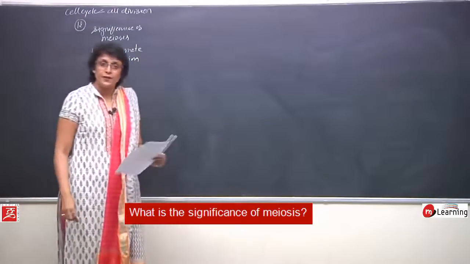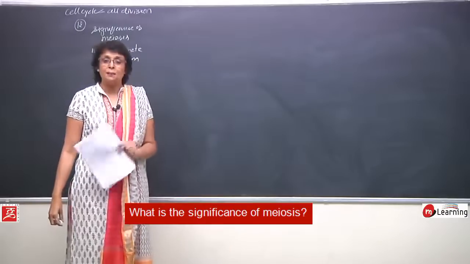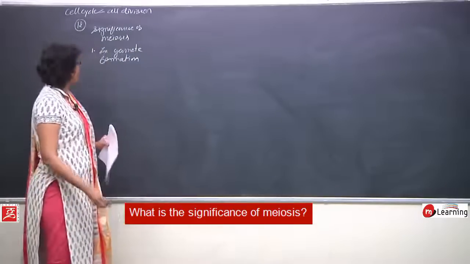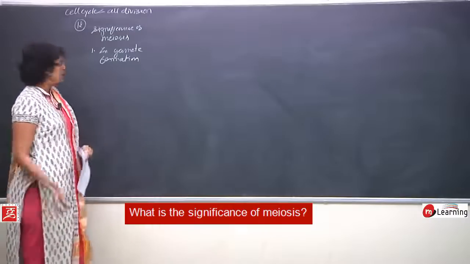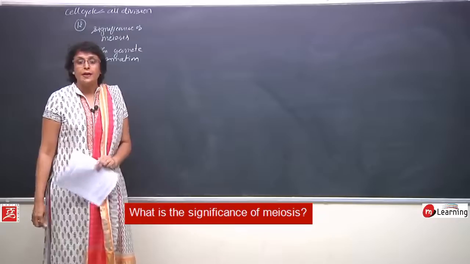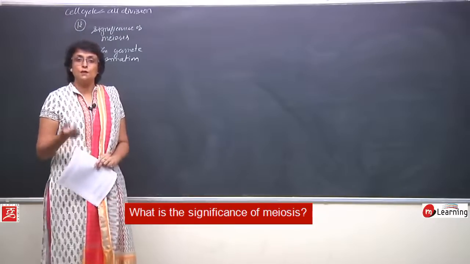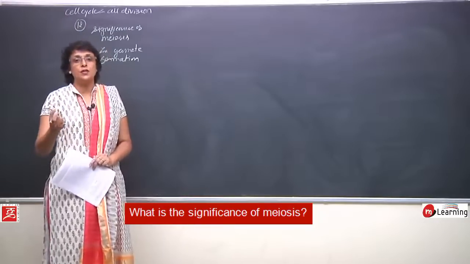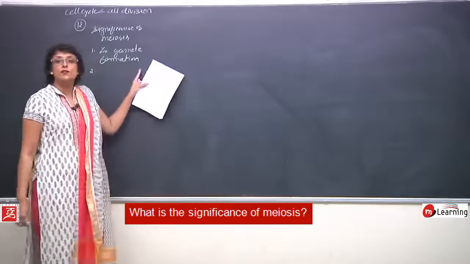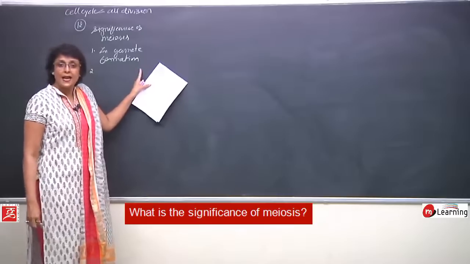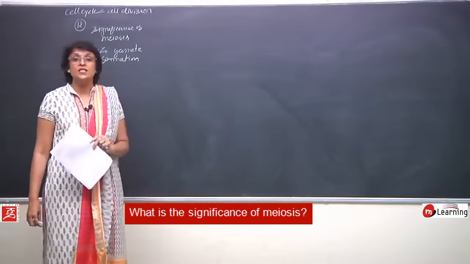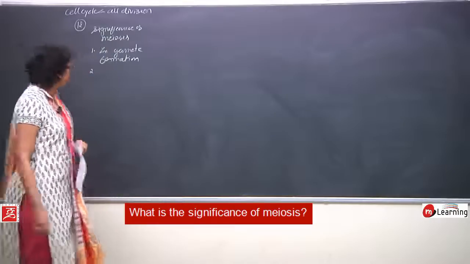Gametes are haploid, whether they are sperms or male gametes in case of plants, or eggs in case of female organisms. In sexual reproduction, fusion of haploid gametes produces the zygote, and unless the chromosome number is restored, the organism will not get its species specific diploid number.